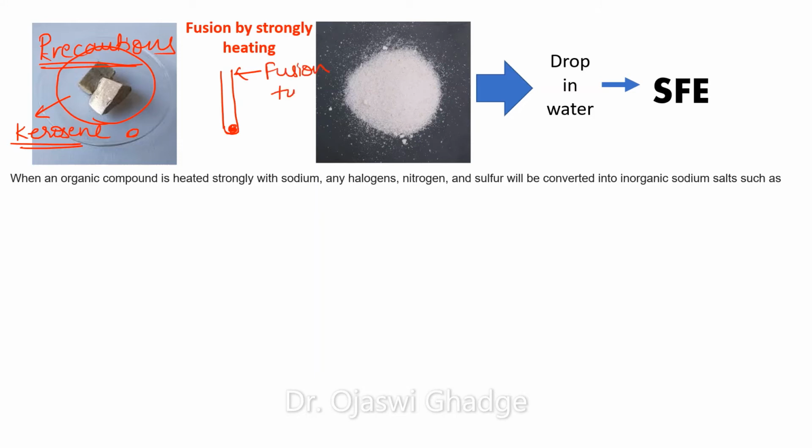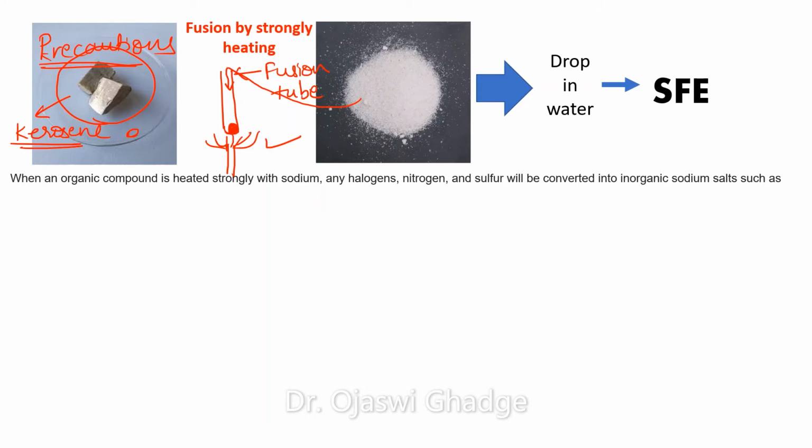Now this fusion tube will be directly heated on the burner, and sodium starts melting and turns into a shining globule. As soon as this happens, I will take a small pinch of the sample, add it in the sodium fusion tube and continue heating.